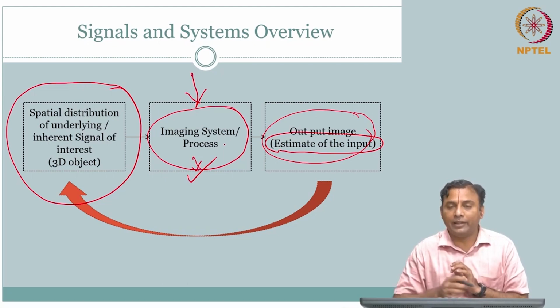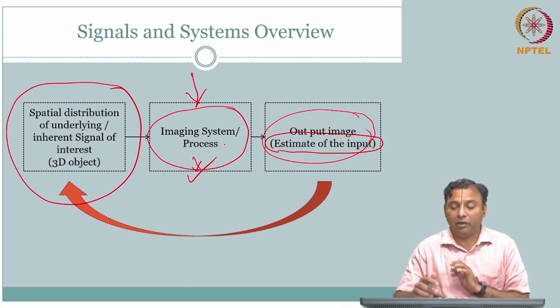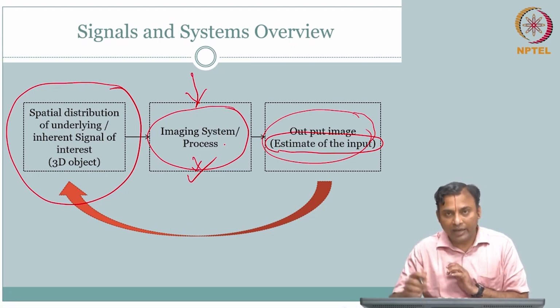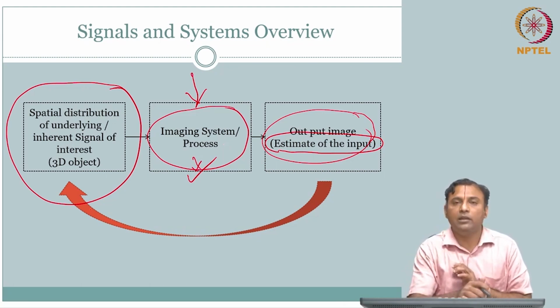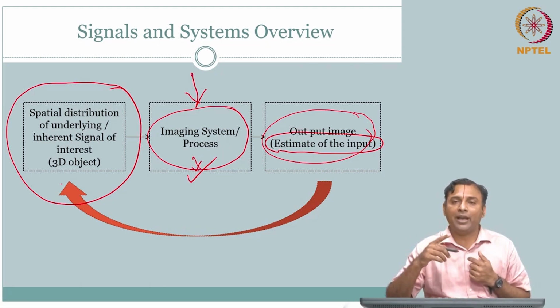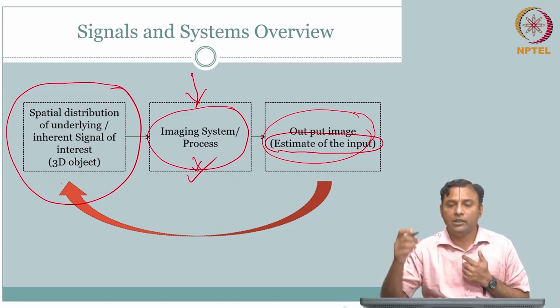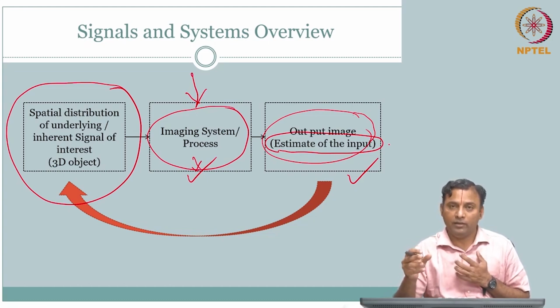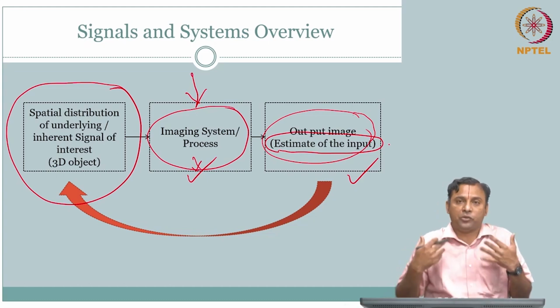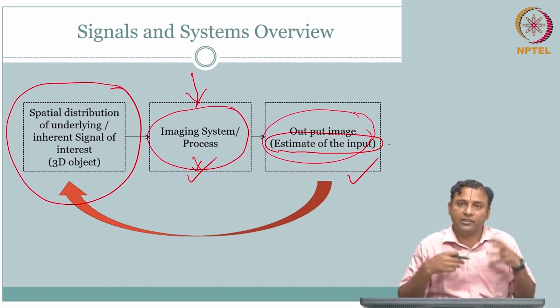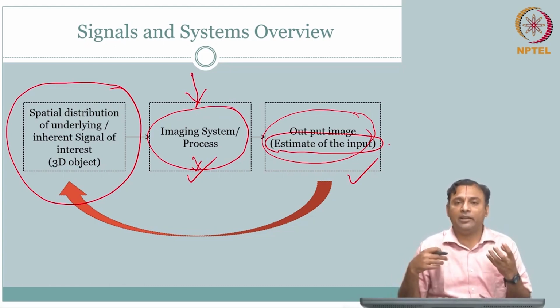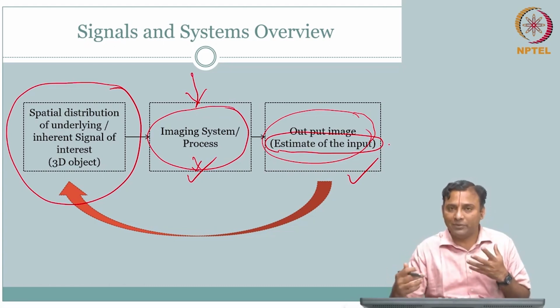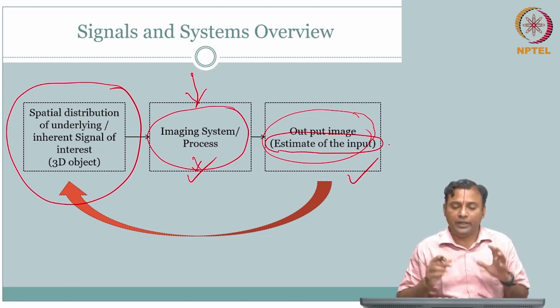Of course, the output should closely resemble the underlying thing, because you are going to make a diagnosis based on the output image. You are going to say, there is a lot of density here, that is abnormal. So it had better correlate with the actual 3D distribution at that location. If there is some abnormality, the output estimate should correspond to the input.